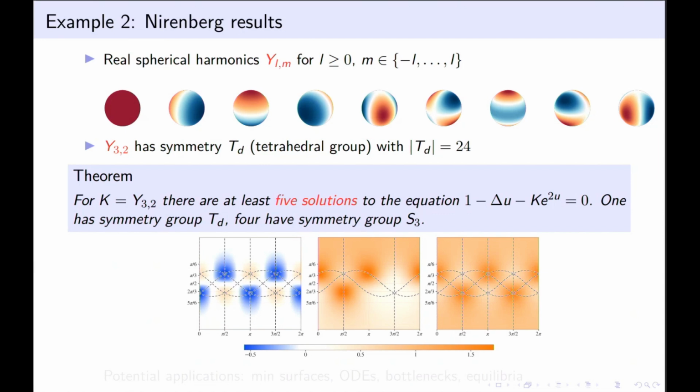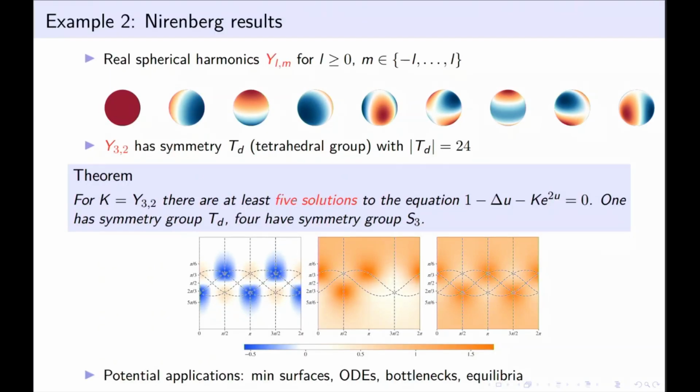First I need to state exactly what it was that I proved. And for this, I write down these real spherical harmonics. They are indexed by two indices, L and M. They are restrictions of certain polynomials to the sphere, and they look like this. We have one spherical harmonic of degree 0, and then we have 3 spherical harmonics of degree 1.